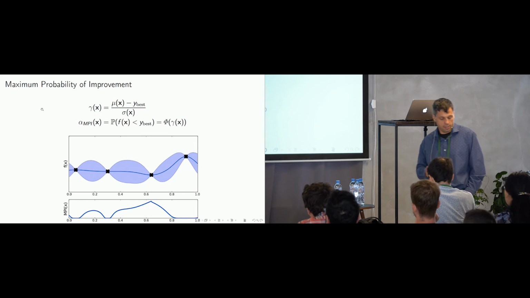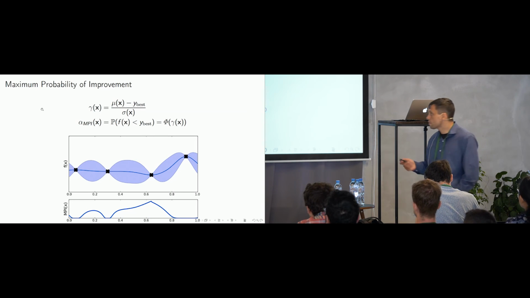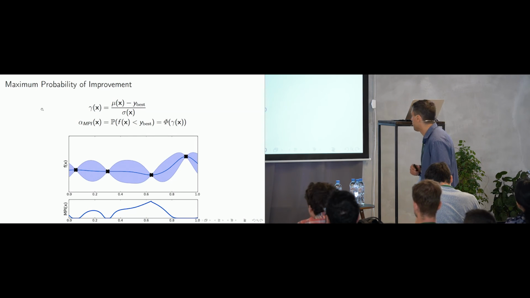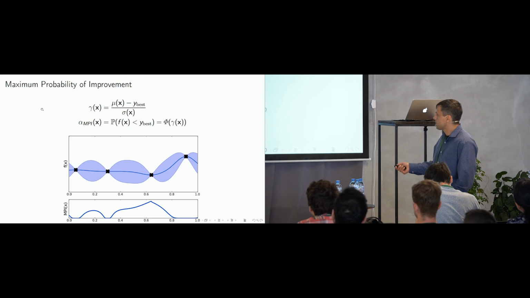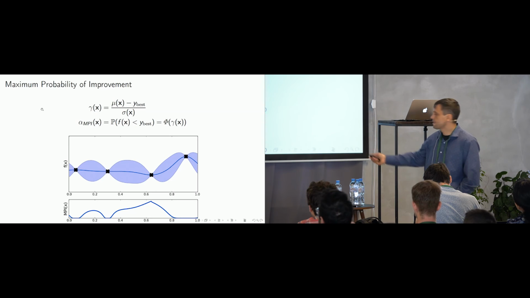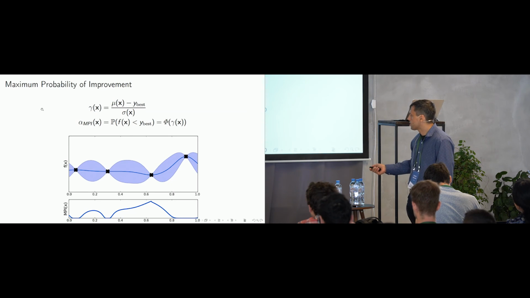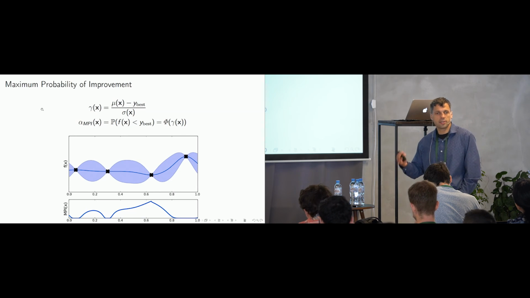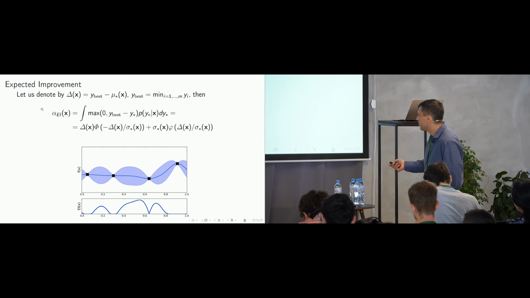Capital Phi is the cumulative distribution function of the Gaussian distribution, and gamma of x is given here. For this very simple one-dimensional case, the result, how this acquisition function looks, is quite similar to what we observed here.